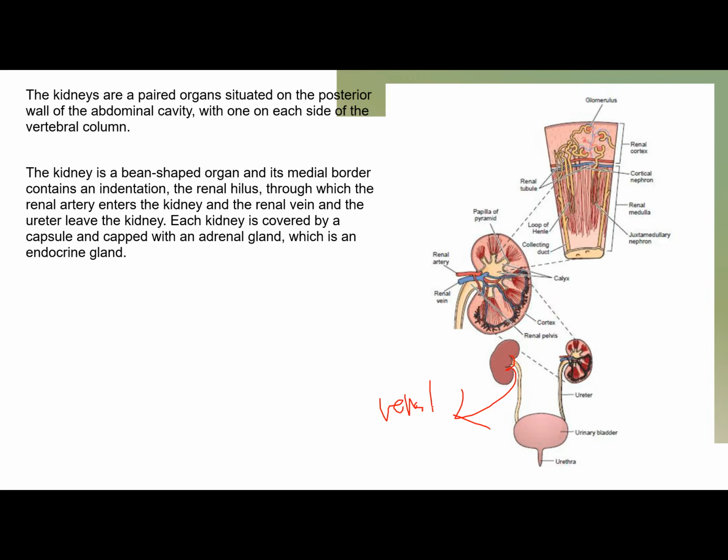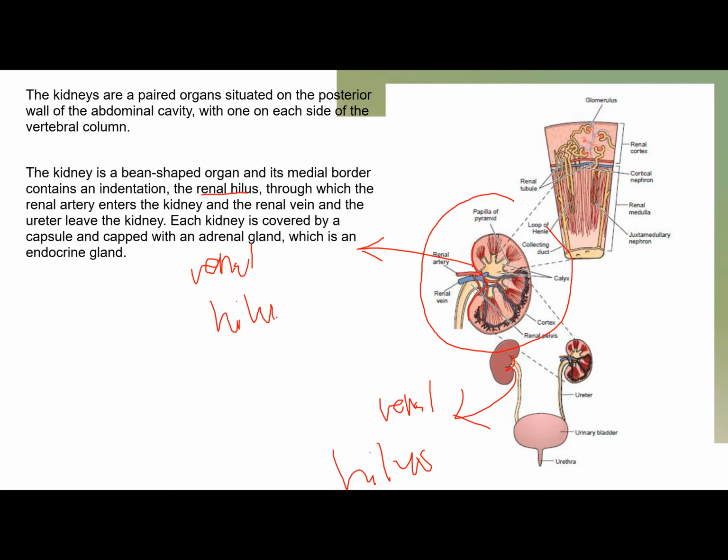Yung cut na yan or yung indentation na yan is known as the renal hilus, through which nakakonekta yung mga arteries and veins nyo. If you take a look at this picture, ito yung indentation na sinasabi ko. Yan, that is the renal hilus.